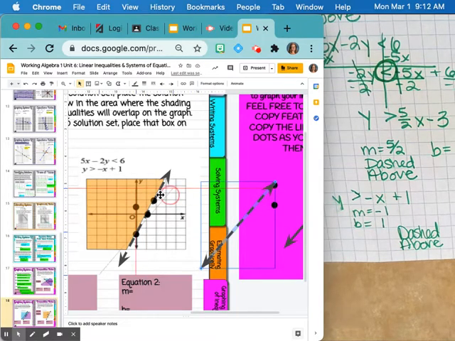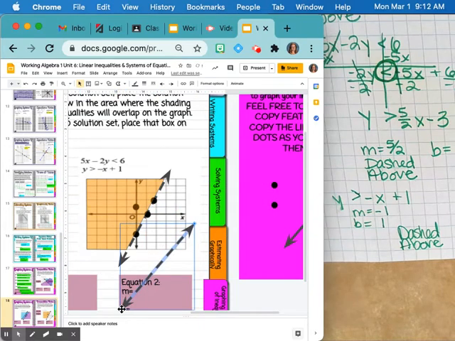Because they're both dash. All right. So we need to get on that line. It is definitely tricky getting it on there. There we go. Extend that.